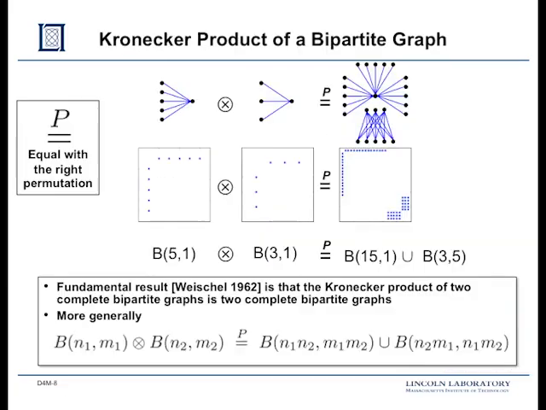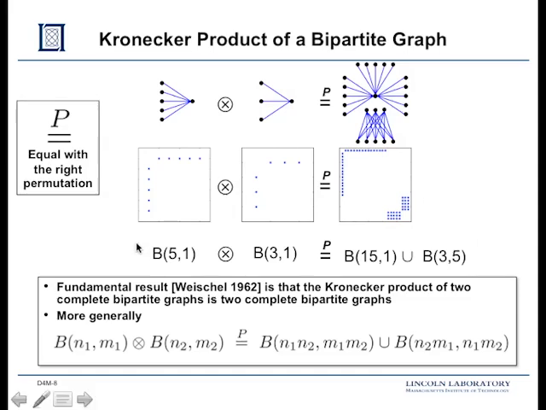As an example of the kind of theory we can do, one of the nicest graphs to work with are bipartite graphs. A bipartite graph has two sets of vertices, where each vertex has a connection to vertices in the other set, but no connections amongst themselves.